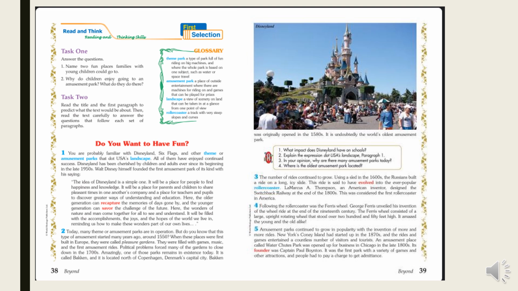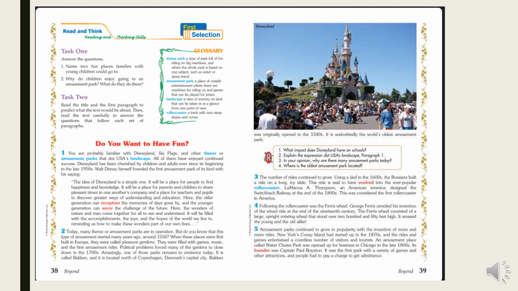Here, the wonders of nature and man come together for all to see and understand. It will be filled with accomplishments, the joys, and the hopes of the world we live in, reminding us how to make these wonders part of our lives. This is how Walt Disney described Disneyland.